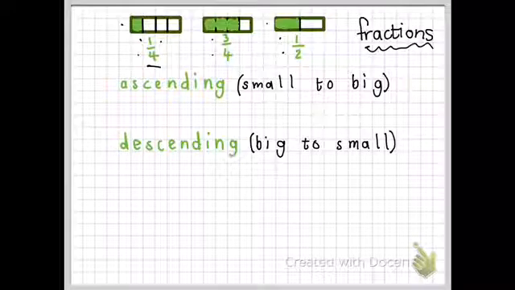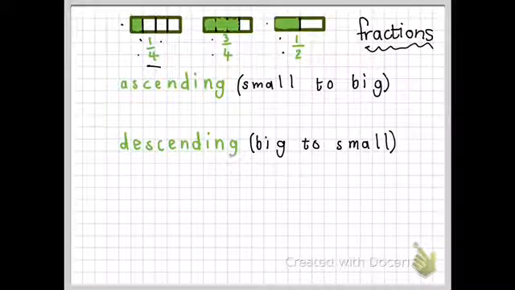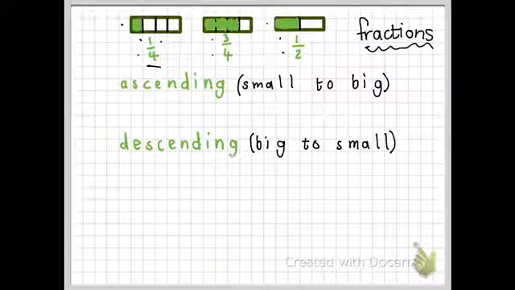And as you can see from these, having 1 quarter is less than having 3 quarters, and at the same time a half is more than 1 quarter but less than 3 quarters if you look at the amount that's left over.